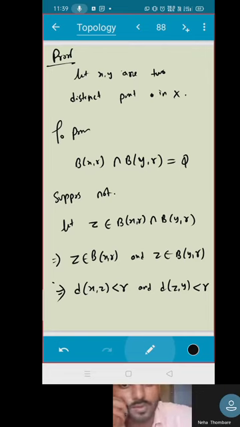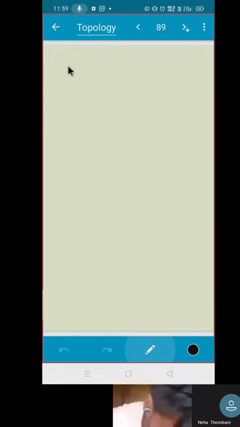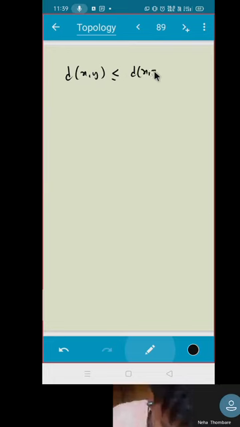How do you find some contradiction? The distance between x and y is less than or equal to the distance between x and z plus the distance between z and y. Triangle inequality. Very nice. Very good. So we are going to consider the distance between x and y, which is less than or equal to d(x,z) plus d(z,y). But I know something about this too.